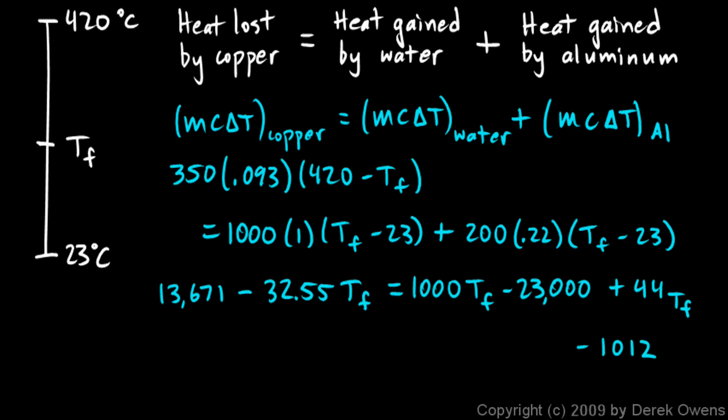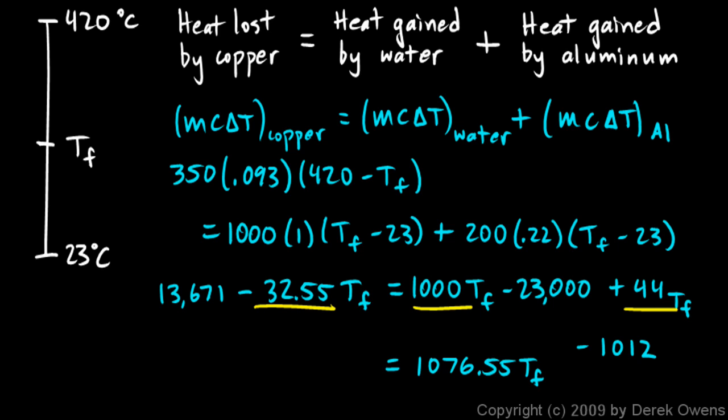And then when we work all this out, if we add 32.55 TF to each side, then on the right we have 1000 TF plus 44 TF plus the 32.55. And that gives us on the right hand side of our equation 1076.55 TF, just working out the algebra here.